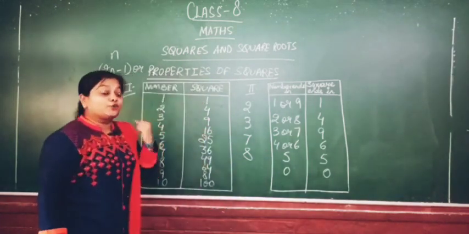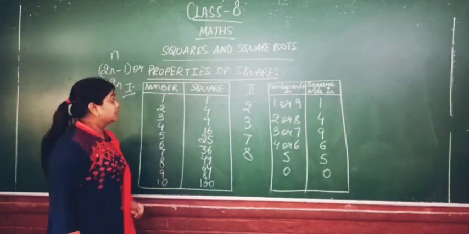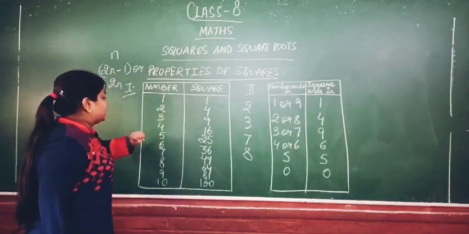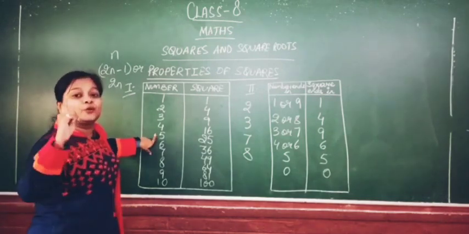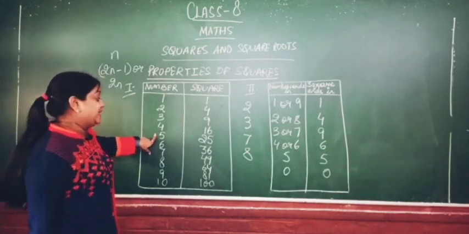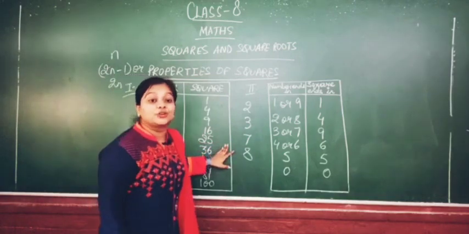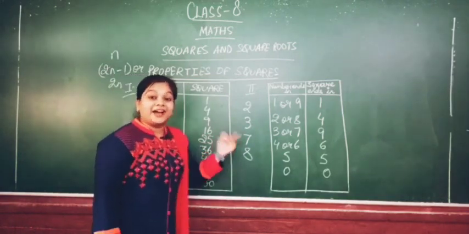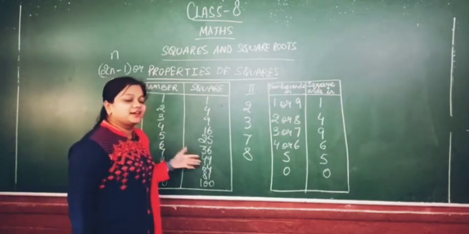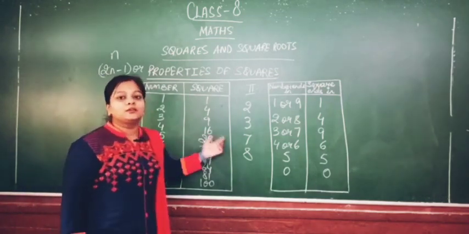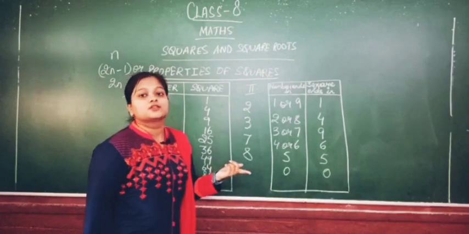We can prove it in our first table. We can take 5. 5 has only one digit and its square has 2 digits. So if any number has one digit, then its square will have 1 or 2 digits.